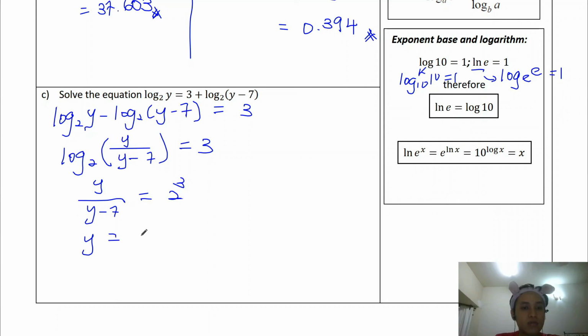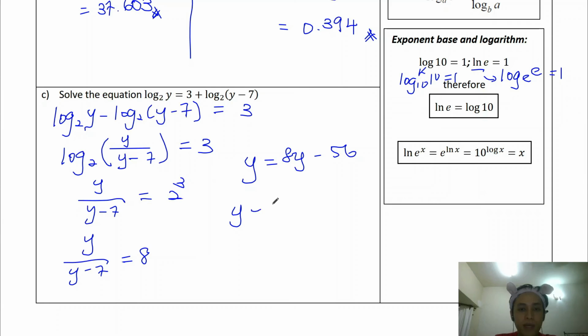Which equals 8. Alright, and then you're just going to cross multiply and then just solve the equation. So y equals 8y minus 56. Okay, and then same unknowns put together.